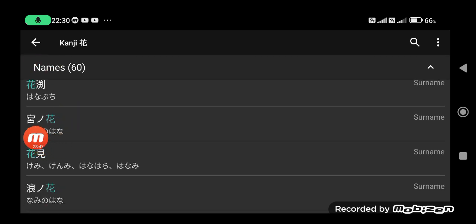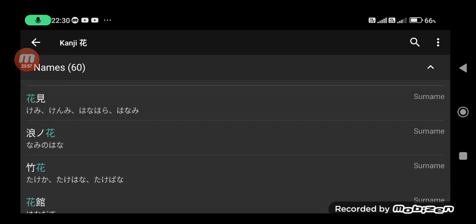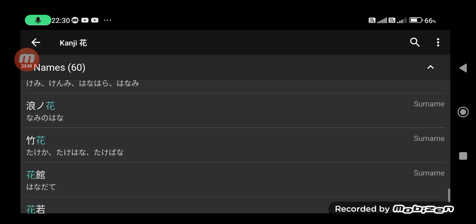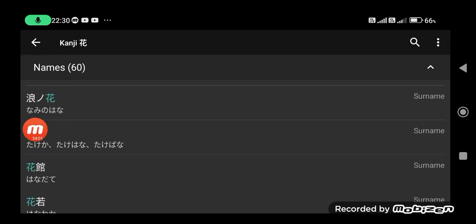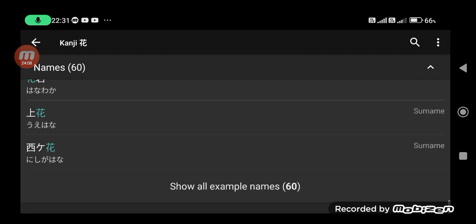Minasan, the third kanji here is no. Miya no hana. Okay, minasan, for the other kanji here, please just screenshot them. The reading is written in kana form or hiragana. Okay, please just screenshot them.